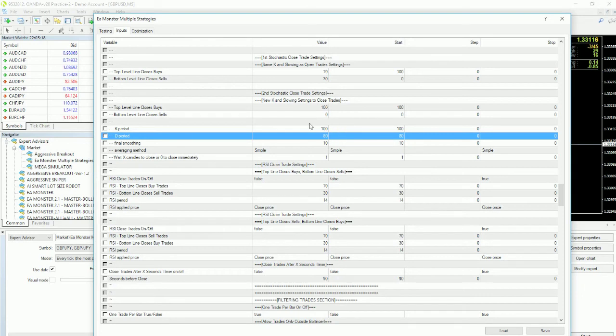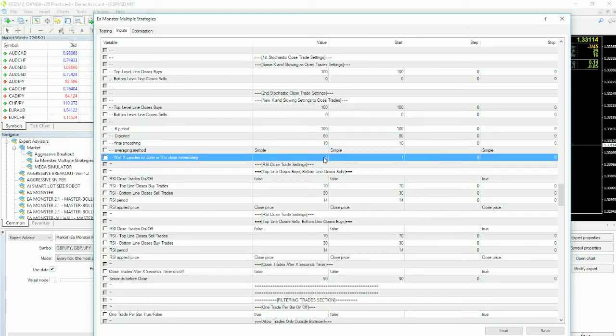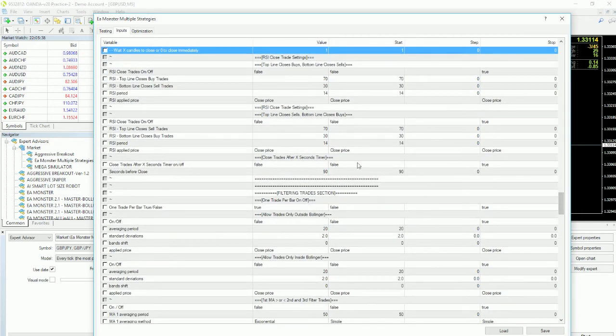I'm actually using this strategy extensively in our other video where I ran like 14 videos, and I've optimized it with open on new candle. Works very well. Of course, wait X candle: 0 is immediately, 1 opens after the candle finishes.